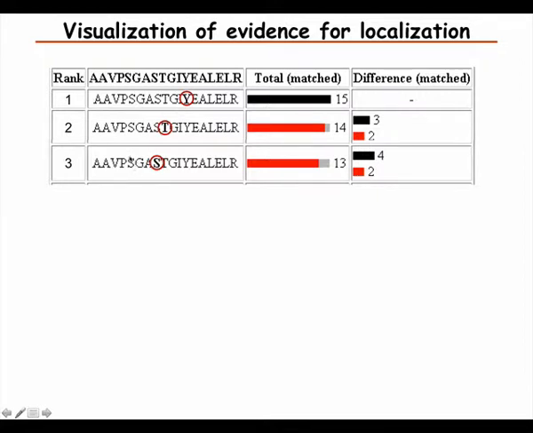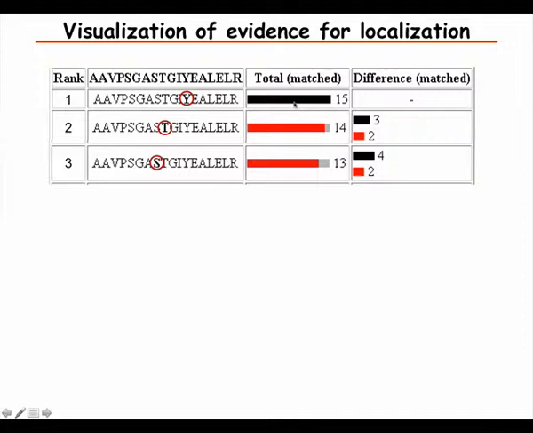There is another serine here, but that one has much less evidence than the other ones. So if we look at these 3, we have 15 matches if we put the phosphorylation on this tyrosine. But if we put it on this threonine, we only have 14, but there are 2 ions that are not matching if we put phosphorylation here. So now we have contradictory evidence.